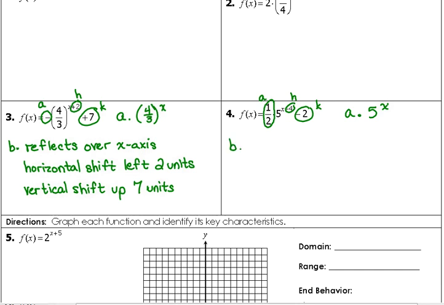Okay, let's describe our transformations. A is not negative, so it doesn't reflect, but it is less than 1, so that is a vertical shrink by a factor of 1/2.